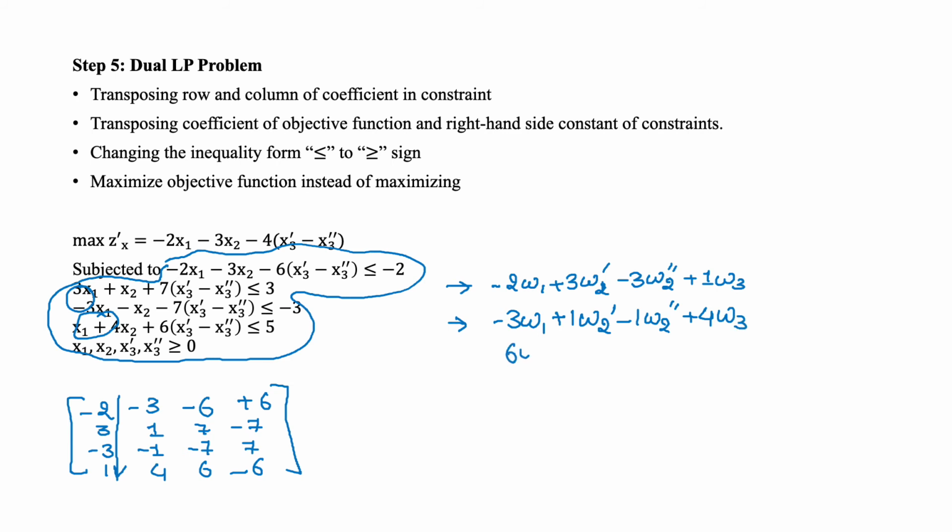Then next is 6 w1 plus 7 w2 dash minus 7 w2 double dash plus 6 w3, and last is 6 w1 minus 7 w2 dash plus 7 w2 double dash minus 6 w3. So that's how I have done the first step: transforming the rows and columns of coefficients and constraints.